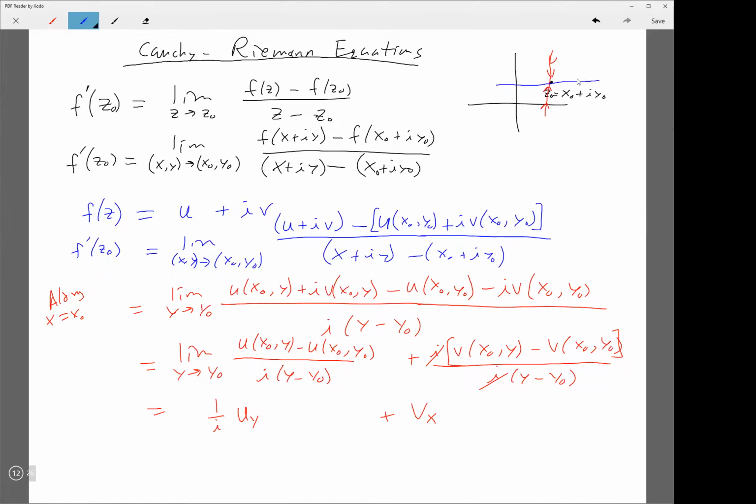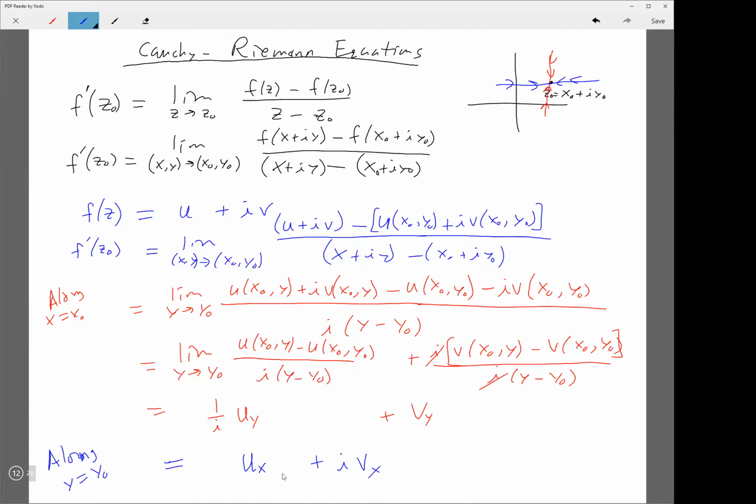Okay, and then if you go along this path right here, along y equals y0, you're actually going to get u x plus i v x, if you go along the blue.